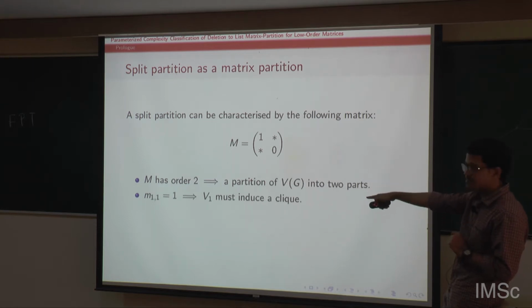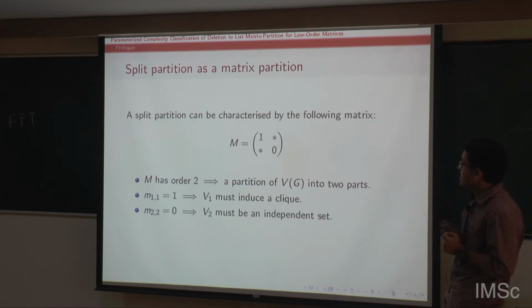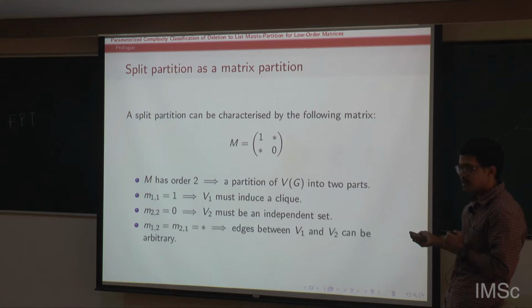That means the first part V1 must induce a clique, and the entry M22 equals 0, which means the second part V2 must be an independent set. And the off diagonal entries, you can see they are stars, which means we don't really care about the adjacency between V1 and V2. They can be arbitrary.